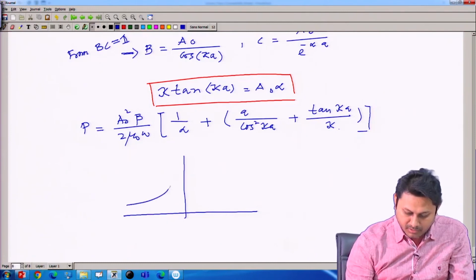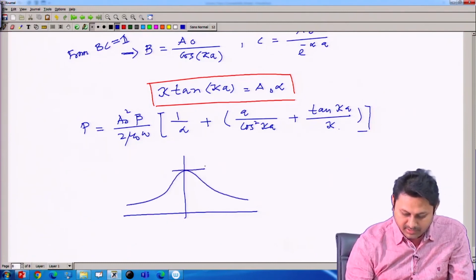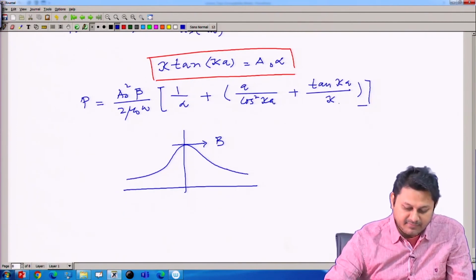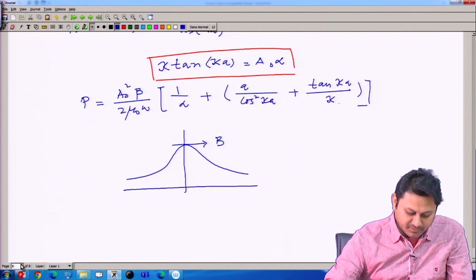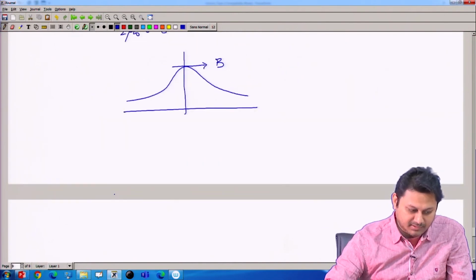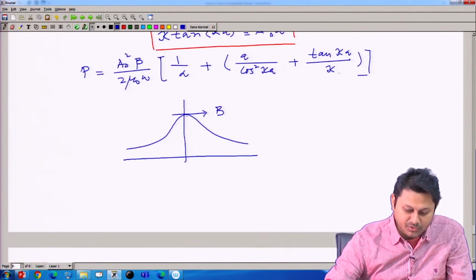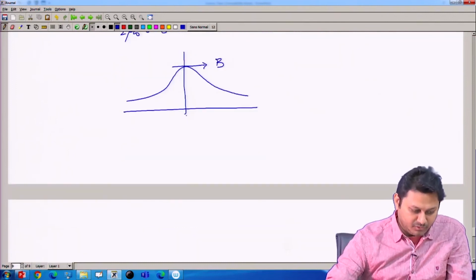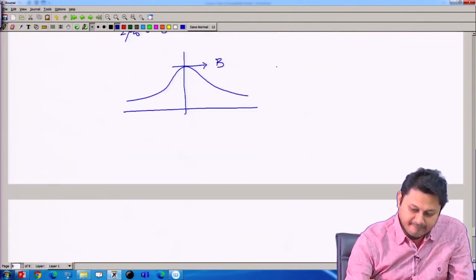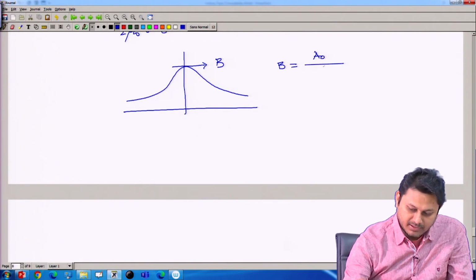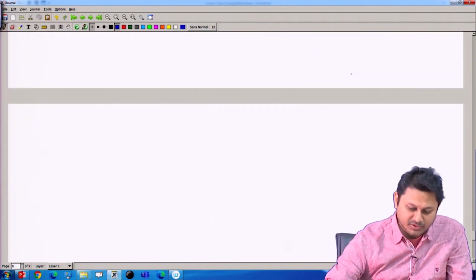Now, for the fundamental mode, this quantity is a maxima and this is B according to my notation. So, it is better that I have everything in terms of B, the peak amplitude. So that we can do, because B is A0 divided by cos of kappa a. So, that information I am going to use now.